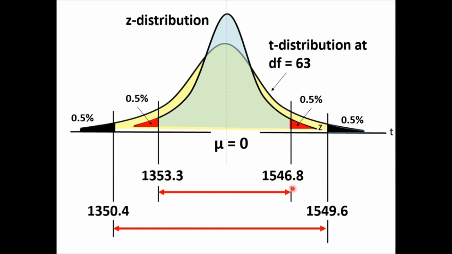And as you can see here, there is a difference between the two estimations. This difference may not be so large. This is 1350, this is 1353, this is 1549, this is 1546, so about 3 points difference in both cases.